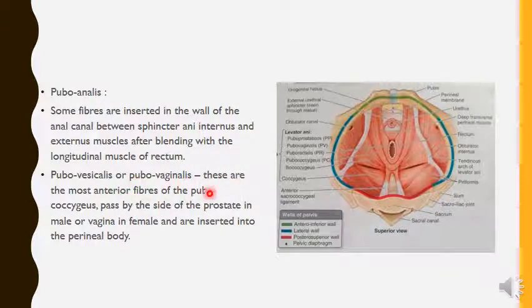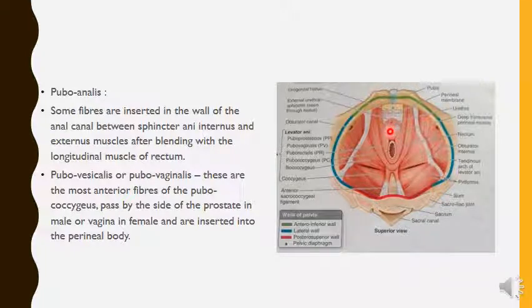Then another one is pubovesicalis or pubovaginalis. These are the most anterior fibers of the pubococcygeus. So if we just see, these are the most anterior fibers, surrounding the urethra here, and in females there is a vagina here.